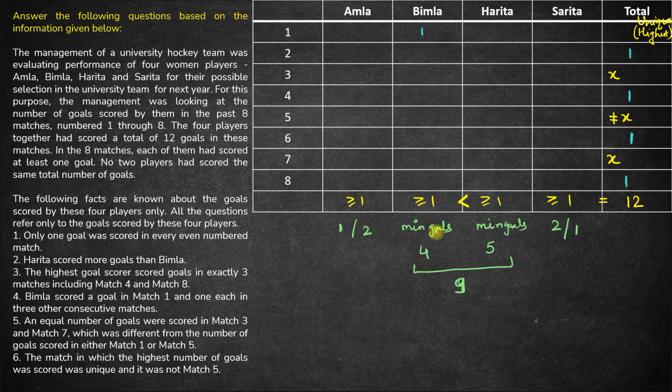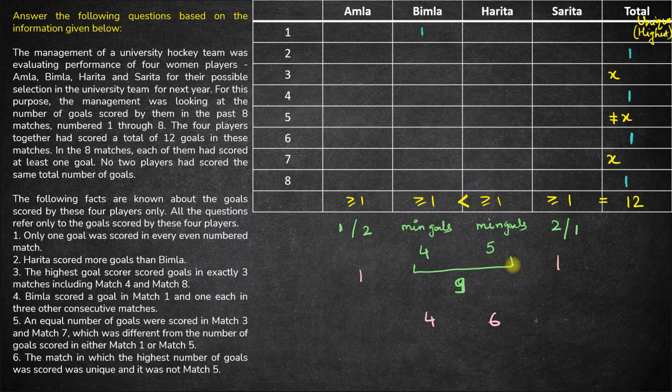For example, let's say this is 4 and this is 6. 4 plus 6 is 10, right? If this is 10, then these two together have to score 12 minus 10, 2 goals. And it is given that each of them has scored at least 1 goal and each player scored a different number of goals, right?